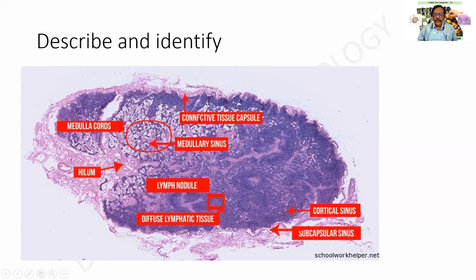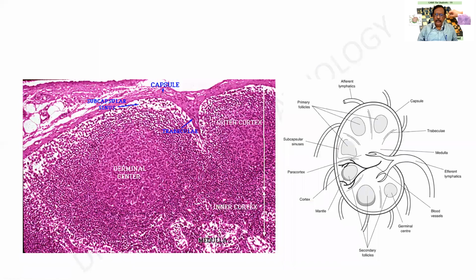Look at this particular picture. Here again, there is no abnormality except that I'm finding a capsule. These are the lymphoid follicles, but there are some distended pale areas which are called the sinusoidal spaces. Please look for these alone. Again, a diagrammatic and a microscopic picture just for us to recapitulate.